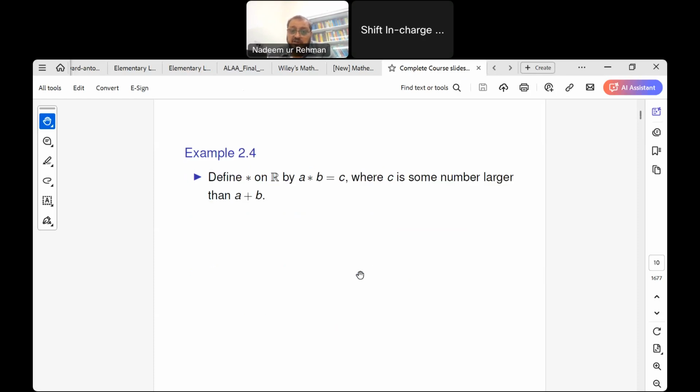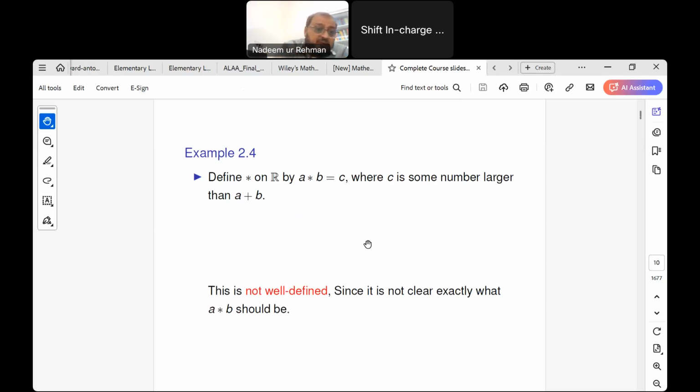And if we define star by a star b equal to c, where c is some number larger than a plus b, this again is not a binary operation, because it is not well defined.